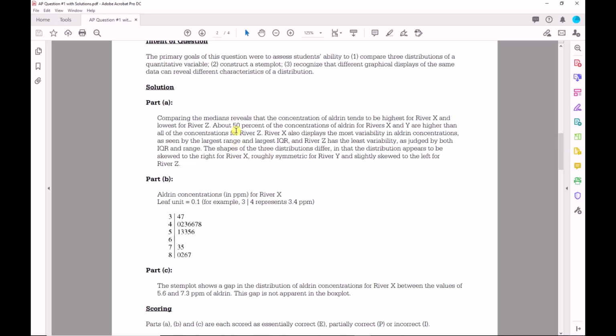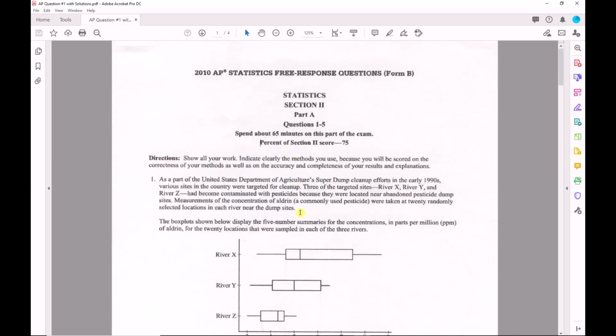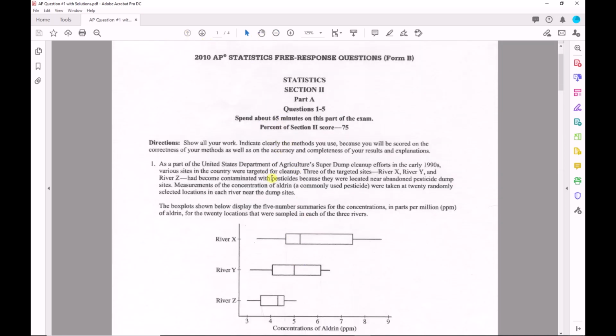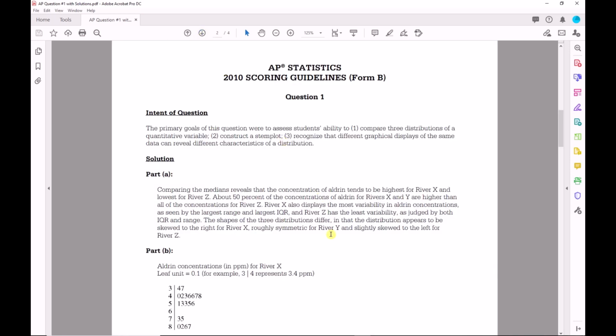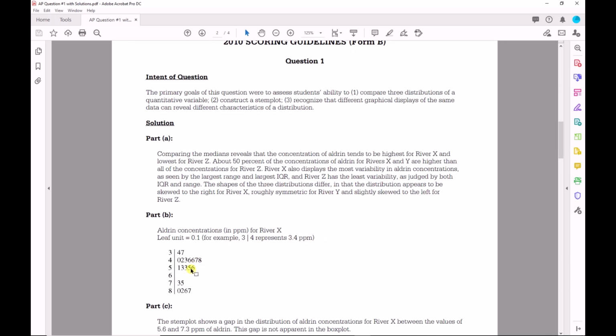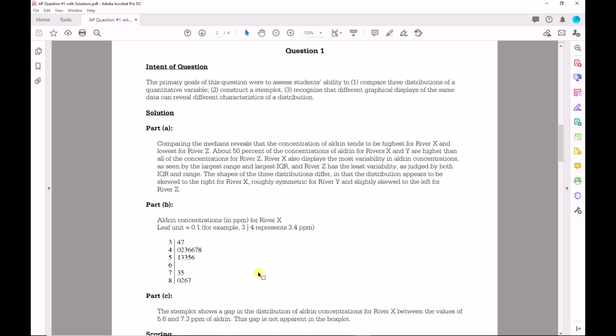They did do percent comparisons for various things based on your quartiles, but I don't think that's really in the scoring guideline. And then they ask you in part C, what's the difference between this graph, your stem plot, and this one? I think it's for river X. And what you see in river X is a gap between 56 and 73, which cannot be shown in a box plot.